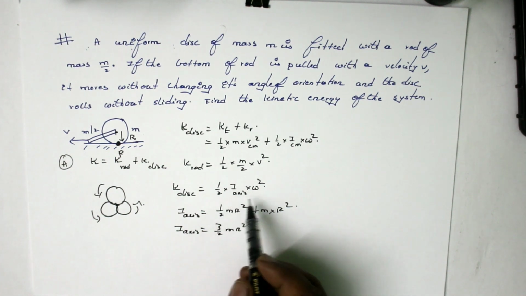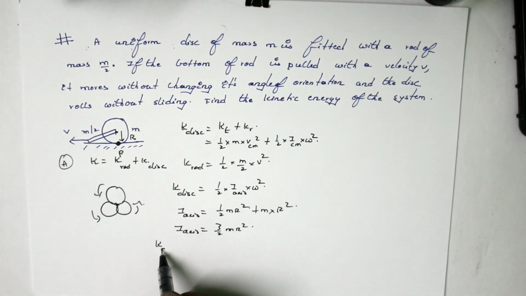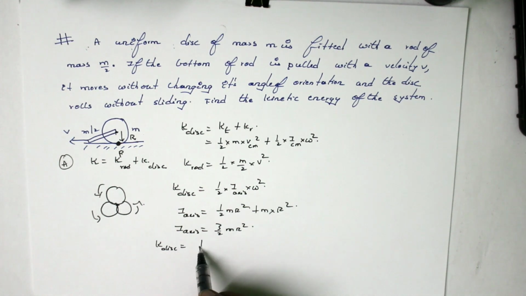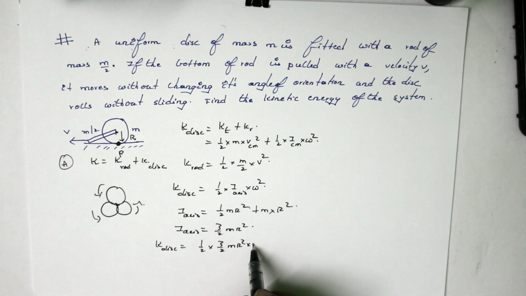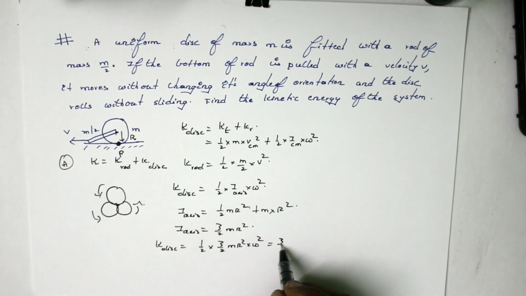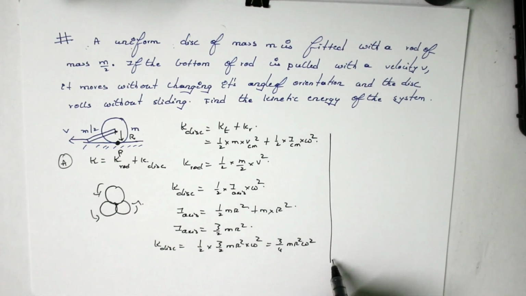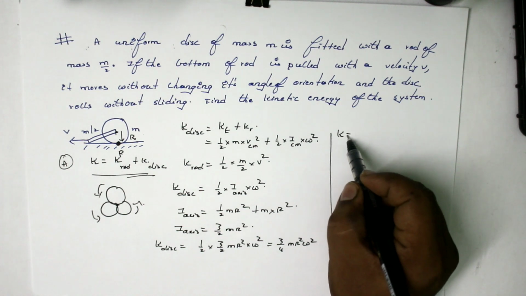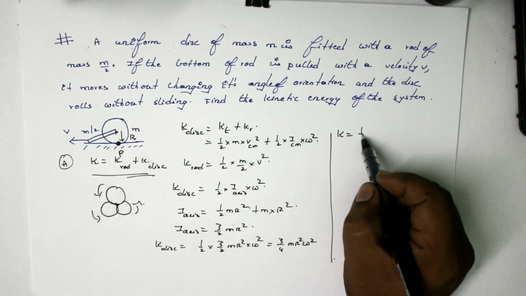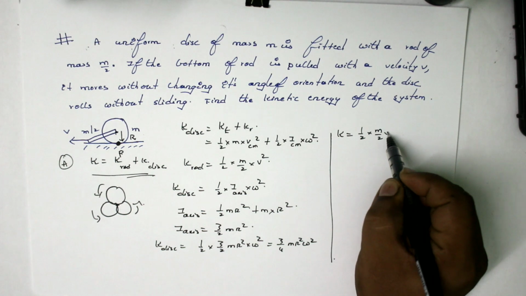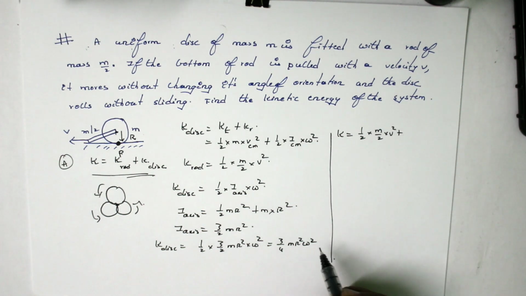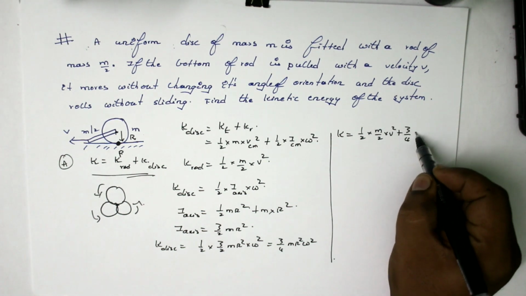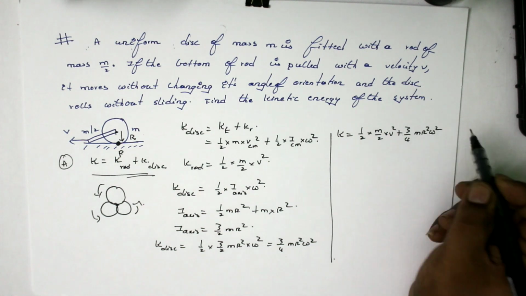Now if I substitute in this relation, the kinetic energy of the disk is half into I axis, 3 by 2 m r square, into omega square, which equals 3 by 4 m r square omega square. Now the total kinetic energy of this system, K, is the kinetic energy of the rod, half into m by 2 into v square, plus the kinetic energy of the disk, 3 by 4 m r square omega square.